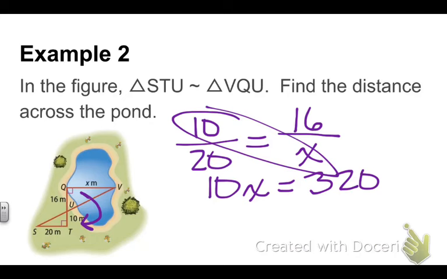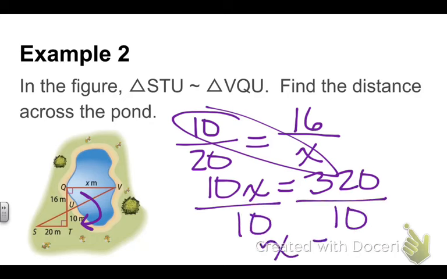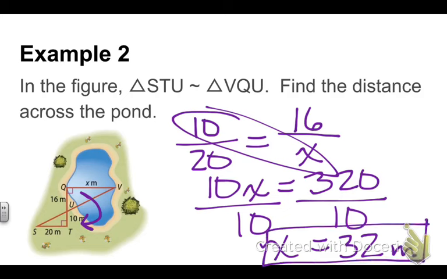Then x is being multiplied by 10, so the opposite is dividing by 10. 320 divided by 10 gives us 32, and we were talking about meters. So the distance across the pond would be 32 meters. We're going to look at some problems like that where you actually have to visualize the figures turning and moving. So we will talk about this then.